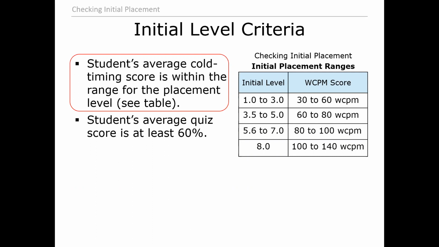Okay. If it fits in the range, if their fluency words correct per minute score is within the range for their level, then it's a good level for them from a fluency standpoint. Okay. We want it to be within that range. If it's not, then we need to make a change. We need to either lower the level or raise the level depending on which side of the range it's on.